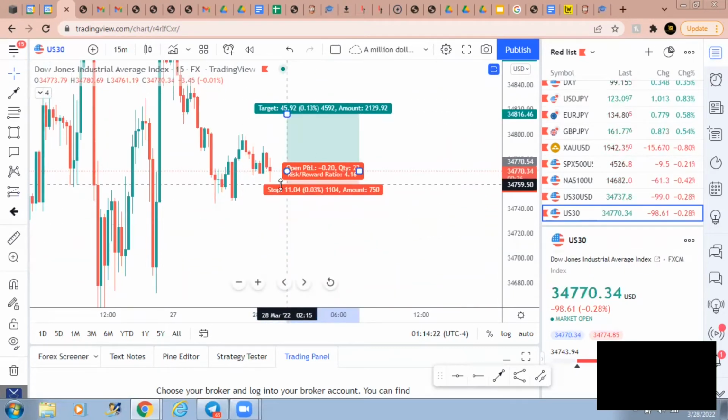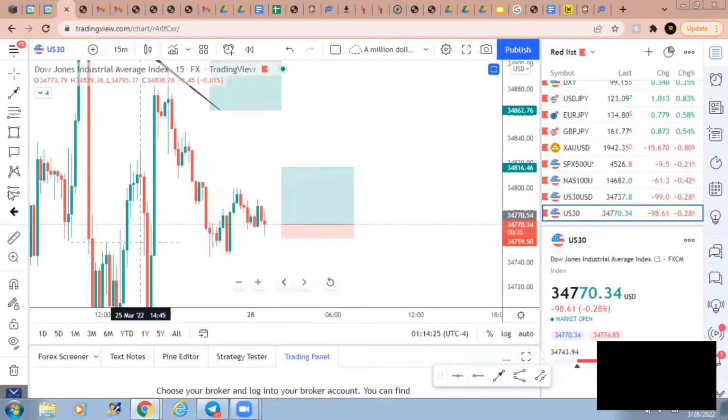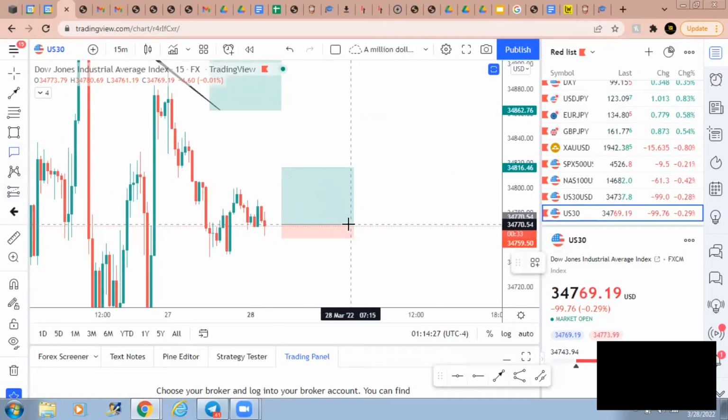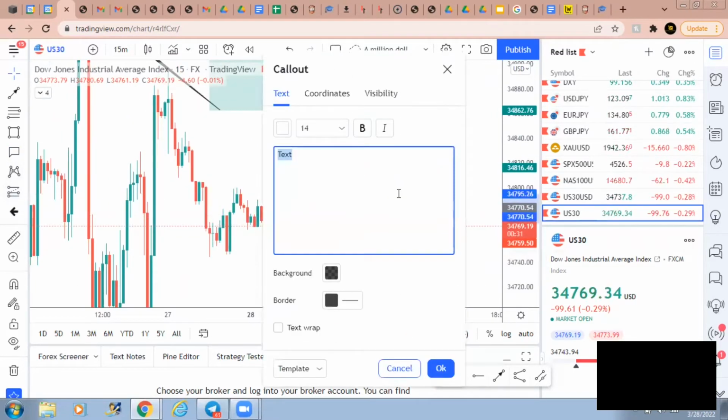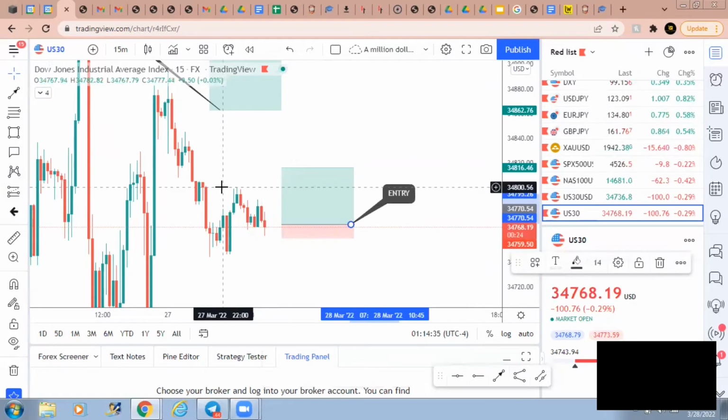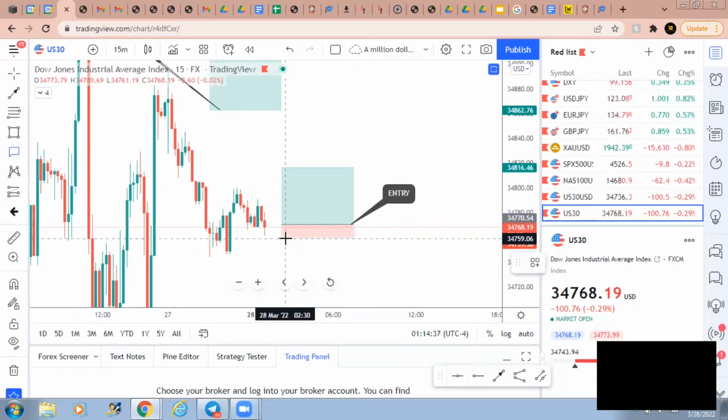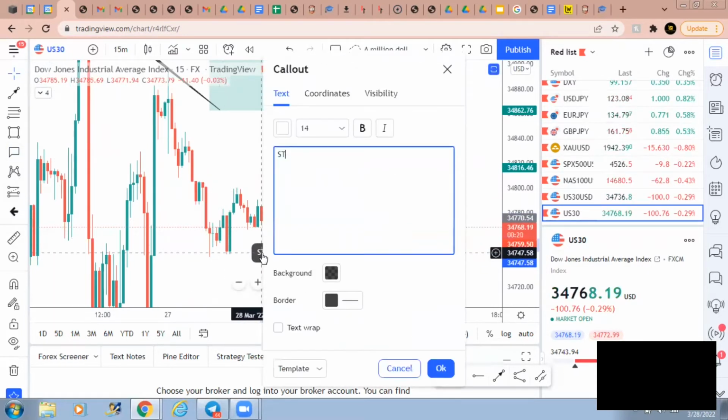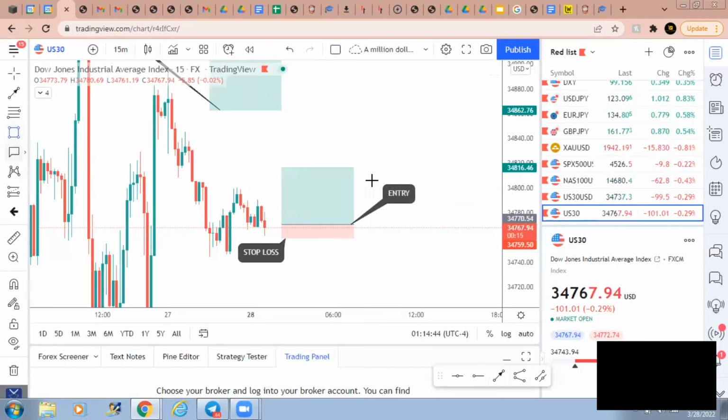Let's say you place your stop loss below the wick right there. Same thing over again: your entry point, the stop loss is right here, and then your target area is up here.